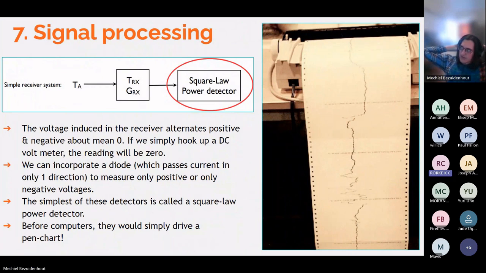And it's not the voltage squared or the power or a temperature. It's actually the voltage. Right, it's a voltage that we're measuring, but because it's alternating positive and negative, we have to take the power of the voltage, which is the amplitude squared.